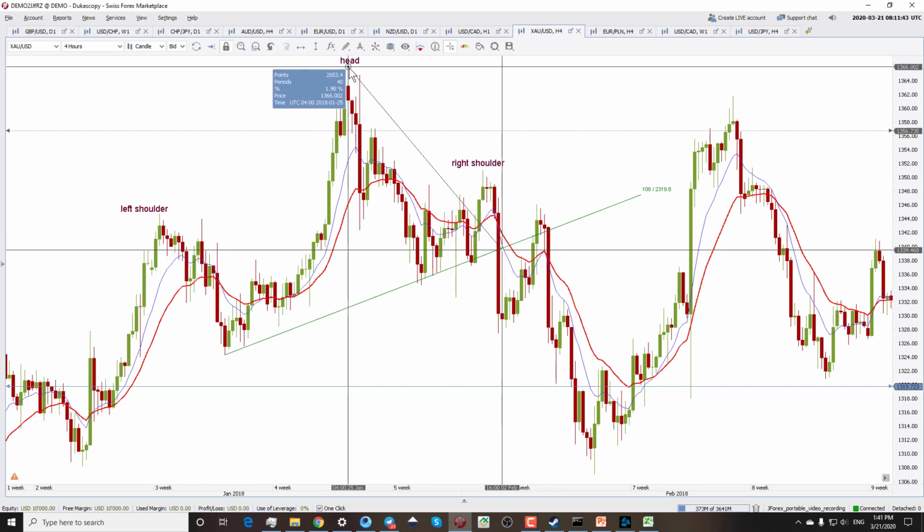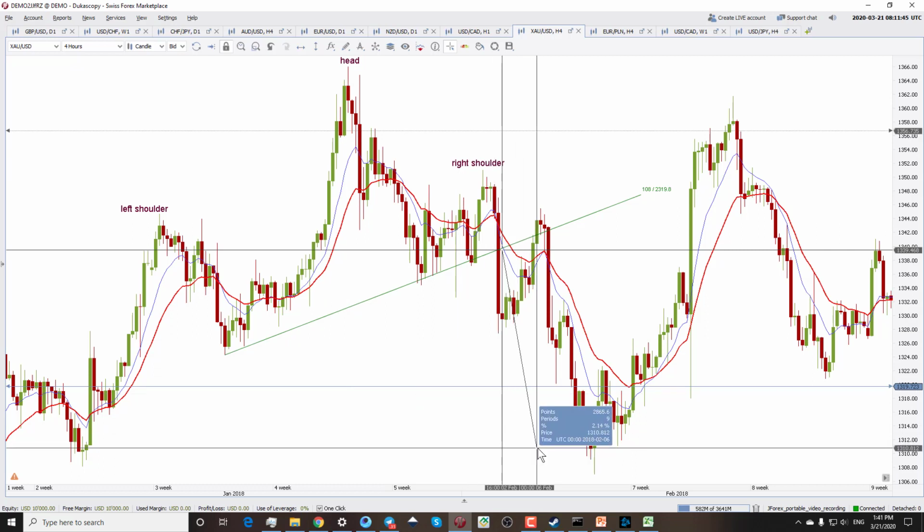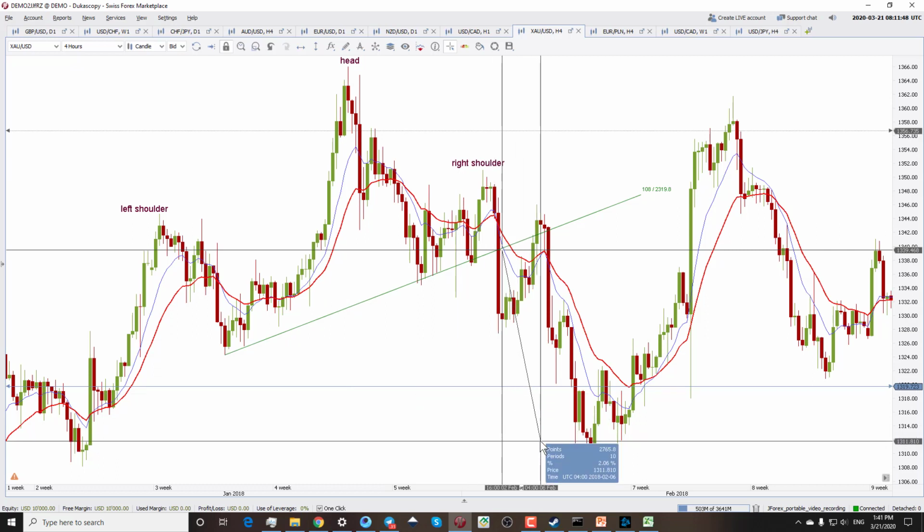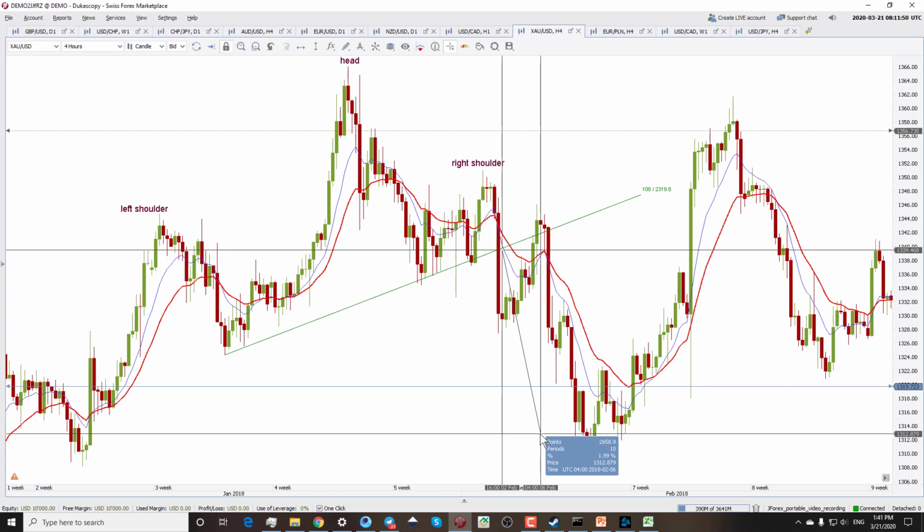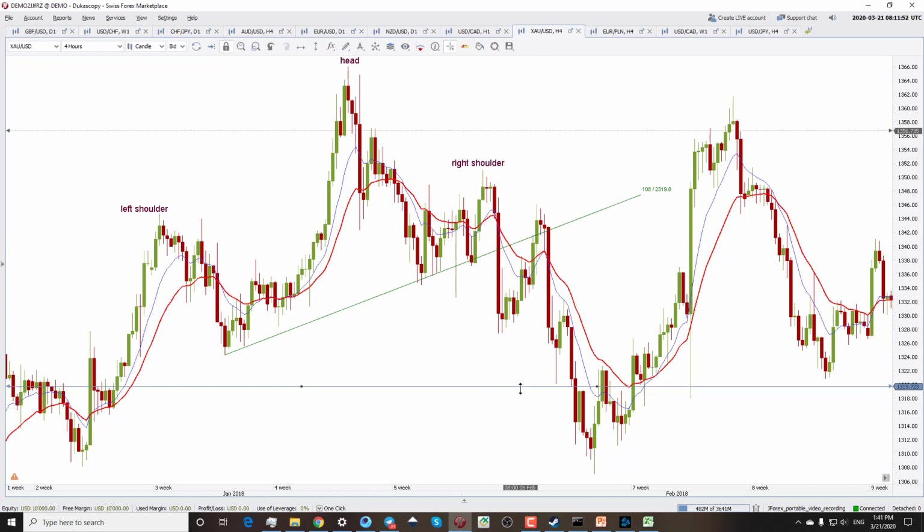What was the height? It was 2653, approximately 1312. You see the price target was taken very comfortably by the chart.